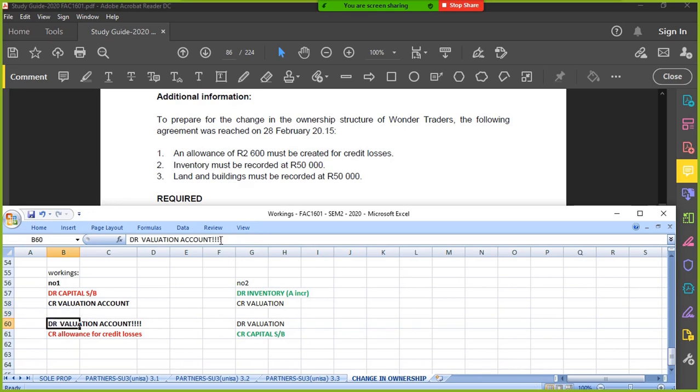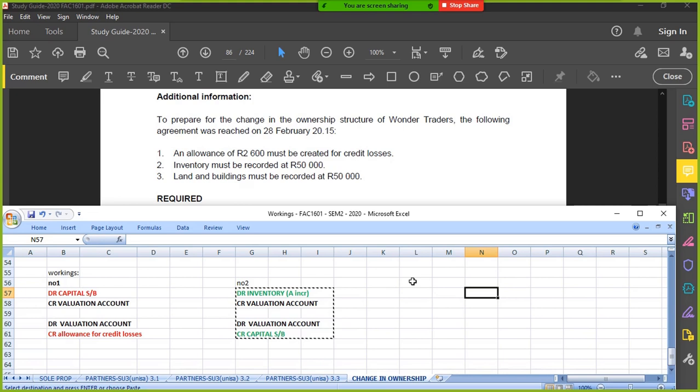Good. Last one. Tell me about this one. Number 3. Land and building must be recorded at 50,000. So land and building is increasing, so you debit land and building. Correct. And? Credit the valuation account. Yes. And then?